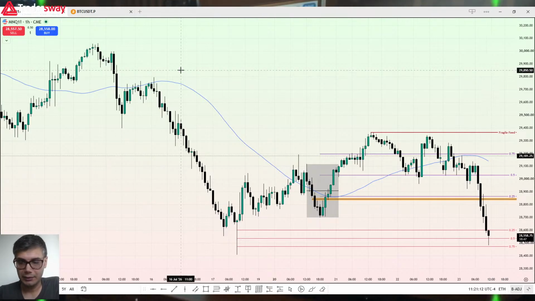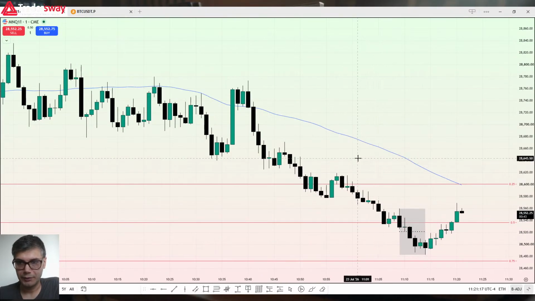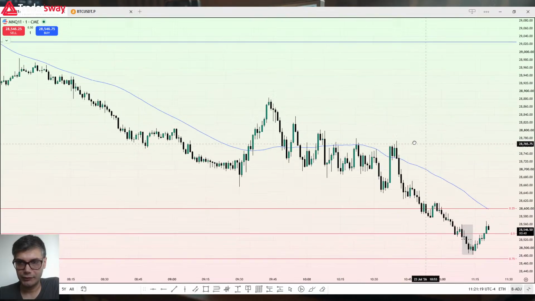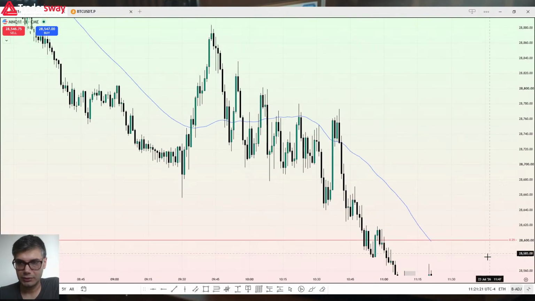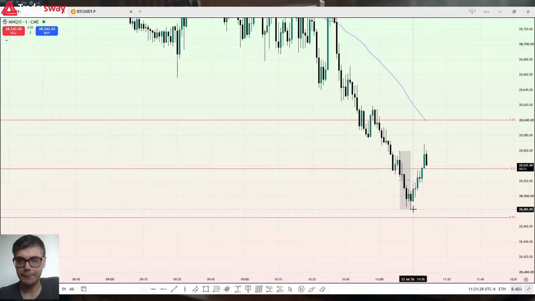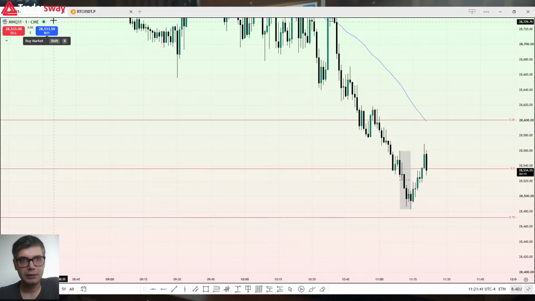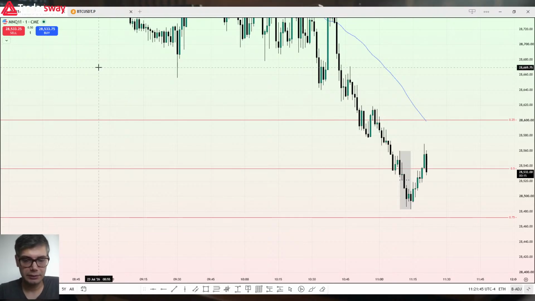For that matter, I want to see bull and bear trap. Now there we go, but the price is very extended to the lows. I have a chain of bearish candles. We don't have a liquidity sweep. That's the problem. And this is after 11. I can enter one contract on MES.